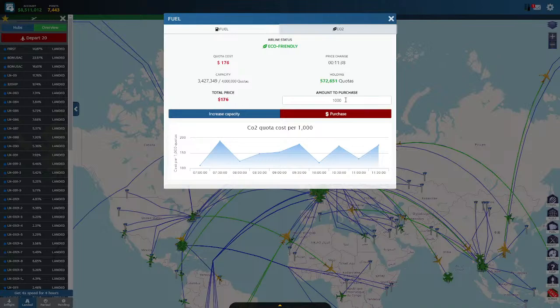So when I send out the next 20, I need to make sure that this is topped off. So check your CO2 every time you have sent out 20 planes. 3,427,349, and that cost, of course, is only 603, so it's not much.